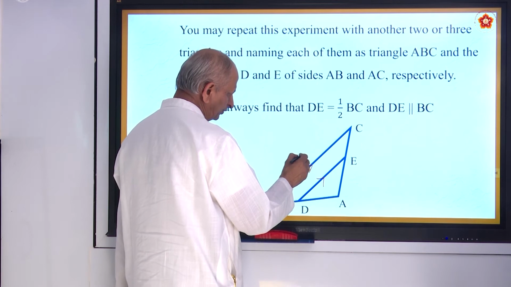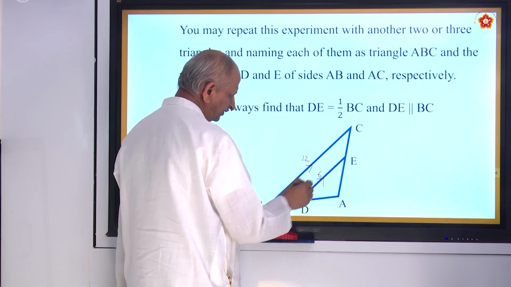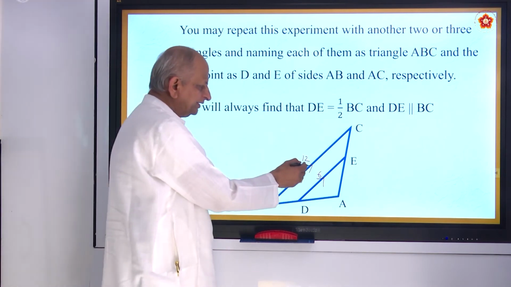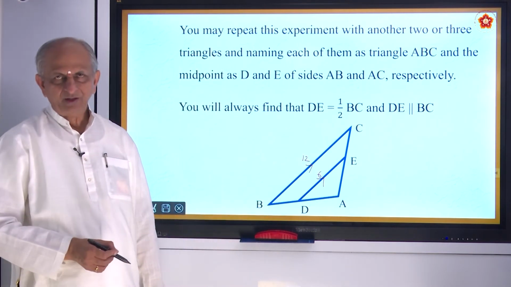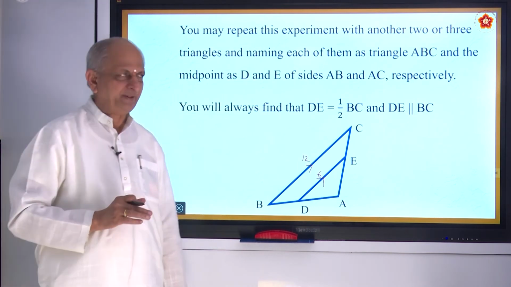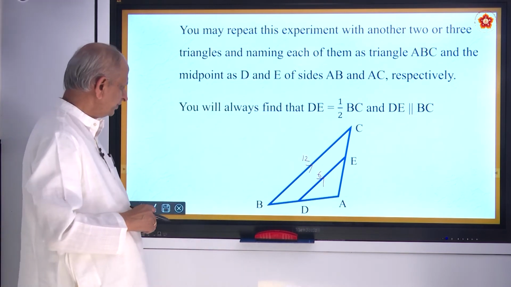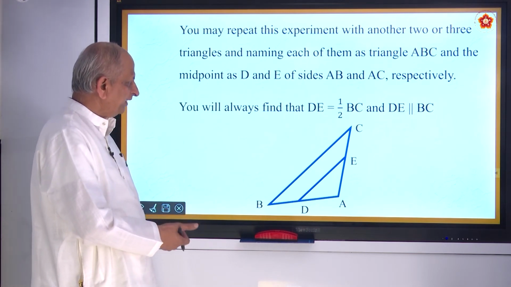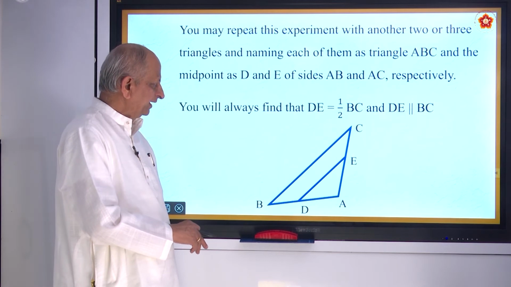So, suppose this is 12, this is 6 and vice versa. And this mark is called parallel lines. Why do you call them parallel? If they are produced on both sides, they do not meet each other. So, that is the meaning. So, you can extend it to any type of triangles.